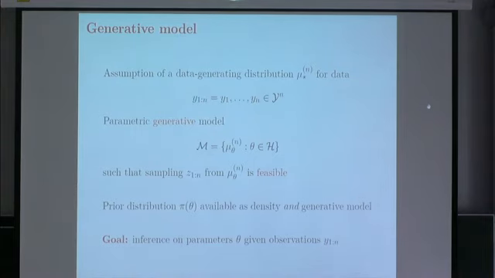So you want the posterior distribution of theta given y. There's nothing new there, and we call it generative in the sense that it may be a complex model, but still we assume that the generation of new data sets z_1 to n is feasible. That's the standard assumption when you run ABC.